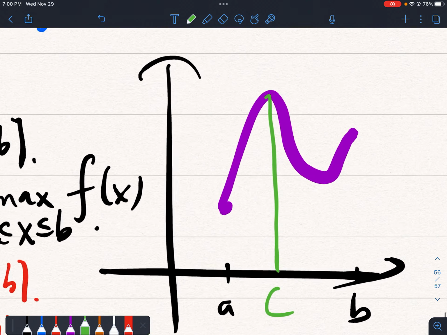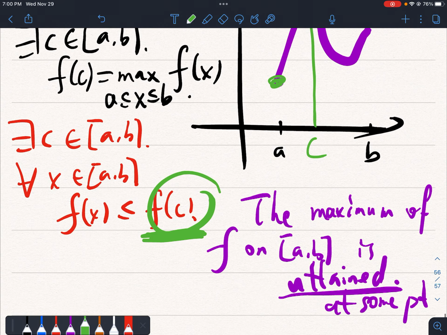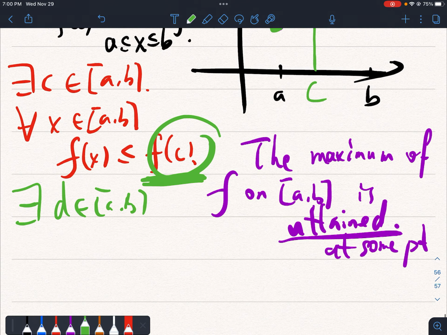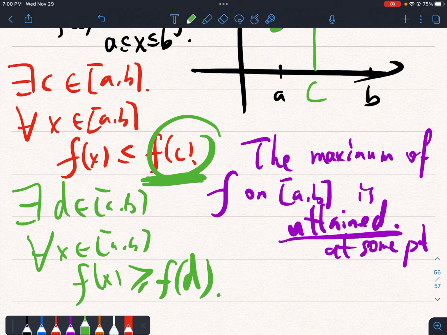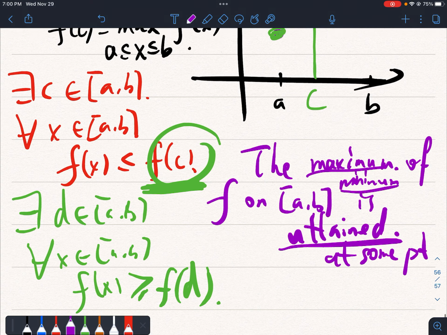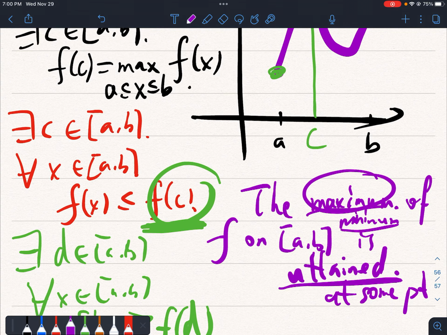And similarly, in the extreme value theorem, we can also find some minimum. In this case, this is simply the left endpoint. So we can also find some d in [a, b] such that for all x in the closed interval [a, b], f of x is bigger than or equal to f of d, which means the minimum is also attained.